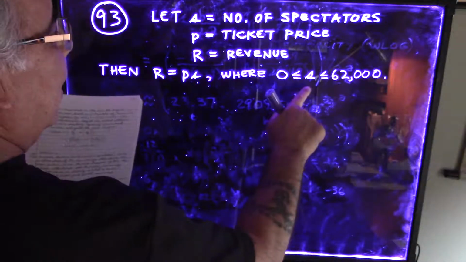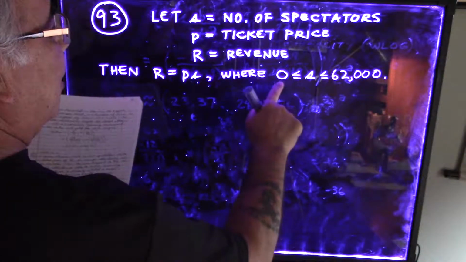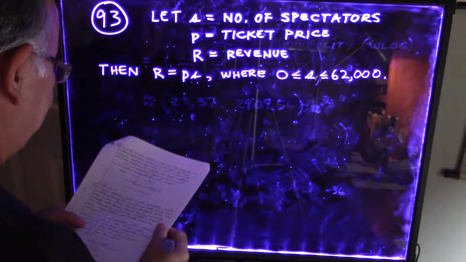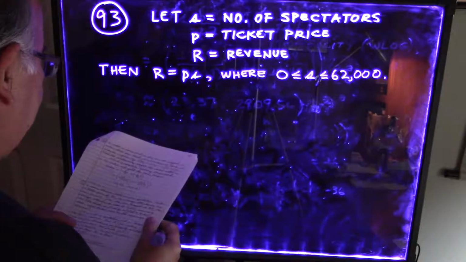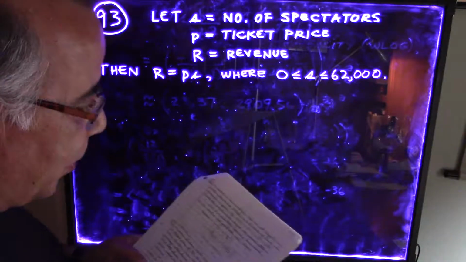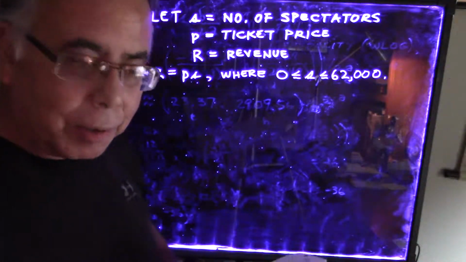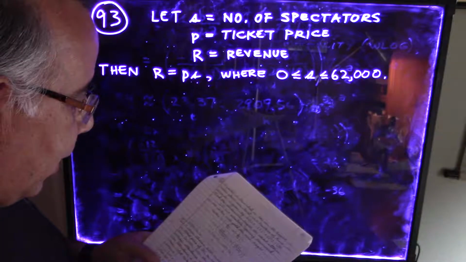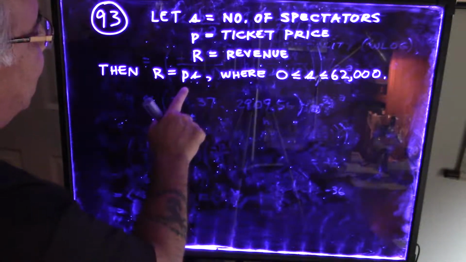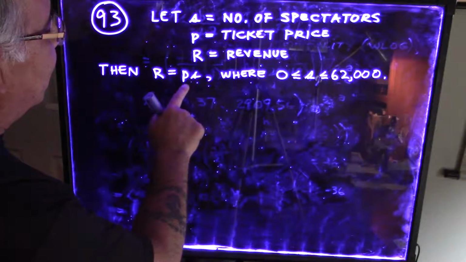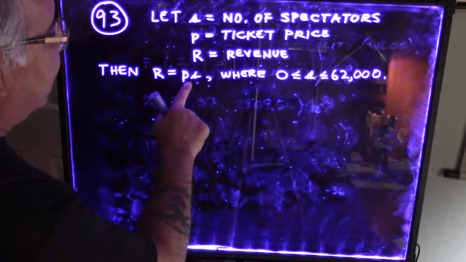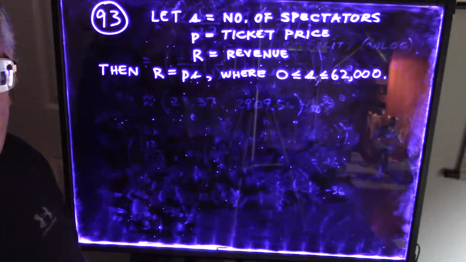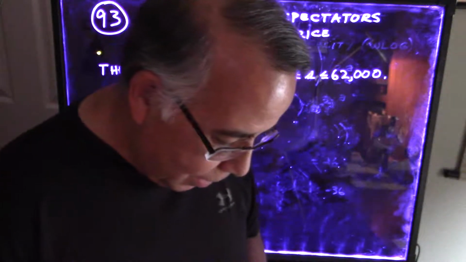What is it saying? The number of spectators has to be between 0 and 62,000. Where do I get 62,000? Because the soccer stadium holds 62,000 spectators. That's what they told us. Okay. So do you understand this? R is equal to, the revenue is equal to the ticket price times the number of spectators. All right, that makes sense, right?